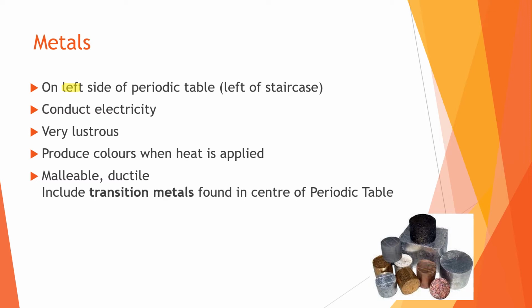So metals tend to be very shiny. They produce colors when heat is applied. They're malleable, so they have the ability to bend. They are ductile. They have the ability to be drawn into long, thin wires. And this includes the transition metals that are found in the center of the periodic table.